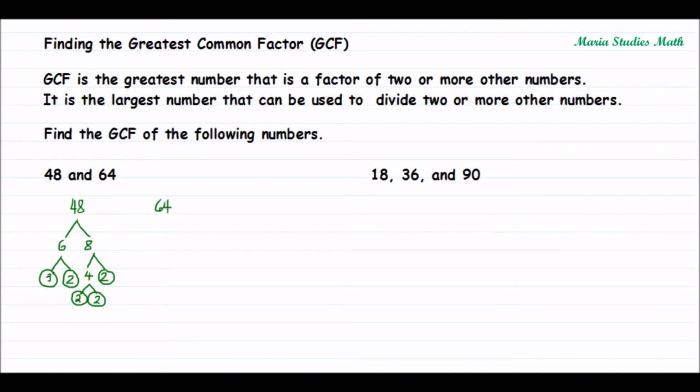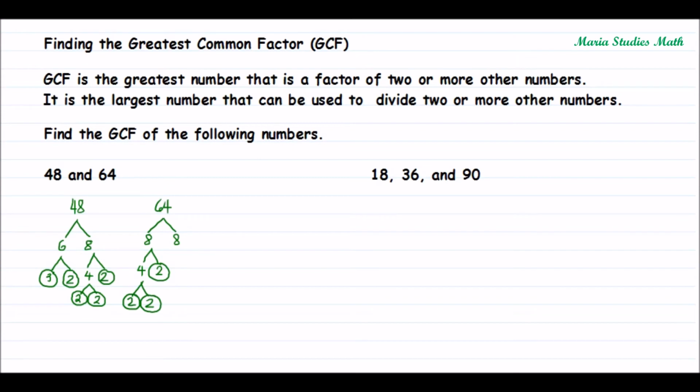Okay, so 64 can be factored as 8 times 8. Then 8 can be factored as 4 times 2. 2 is already a prime number, so encircle that to remind us that it's a prime number already. Next one, 2 and 2.